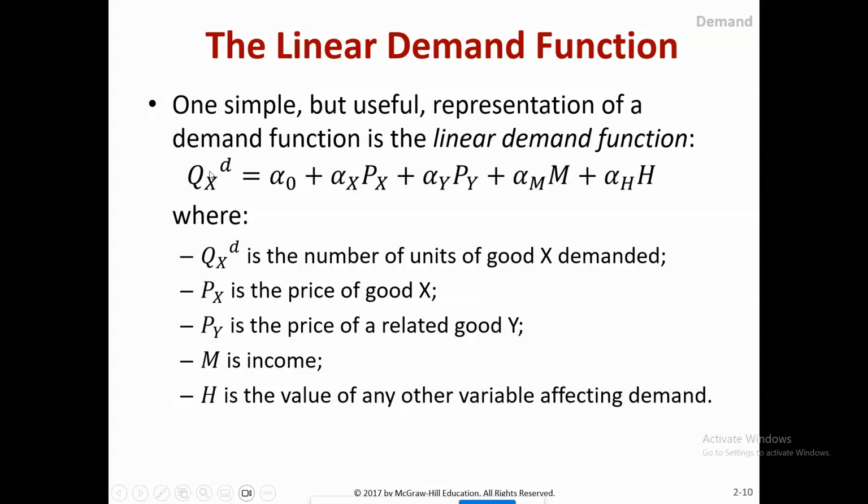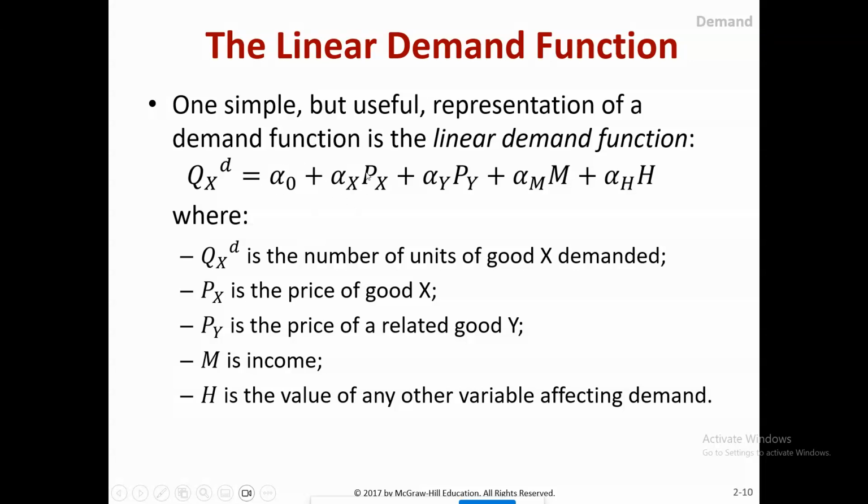Quantity demanded for product X is the number of units purchased, or demanded. Then alpha 0 is a vertical intercept, a constant number.